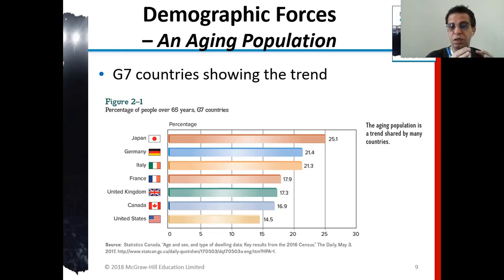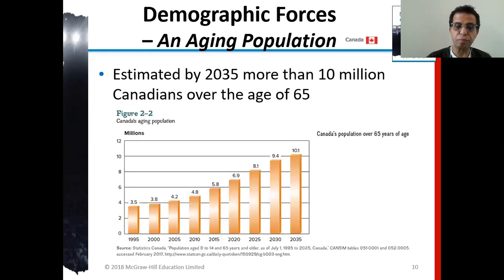So with the G7 here, we can see there is a trend in the aging. Now, in Canada, it is estimated that by 2035, more than 10 million Canadians will be over the age of 65. 10 million is a big number to target business-wise.